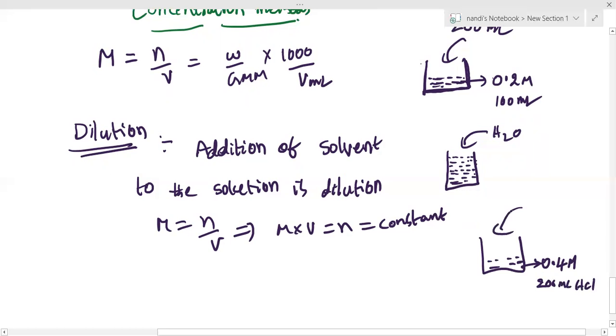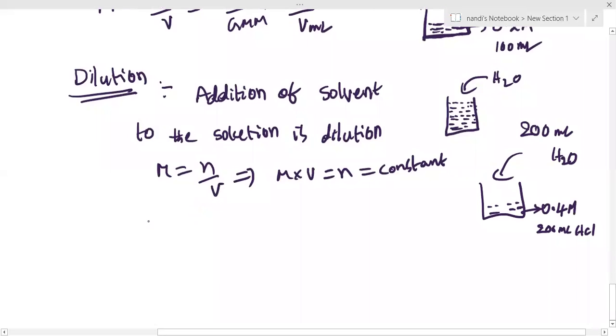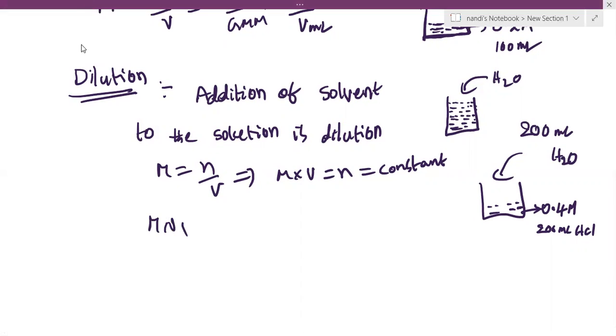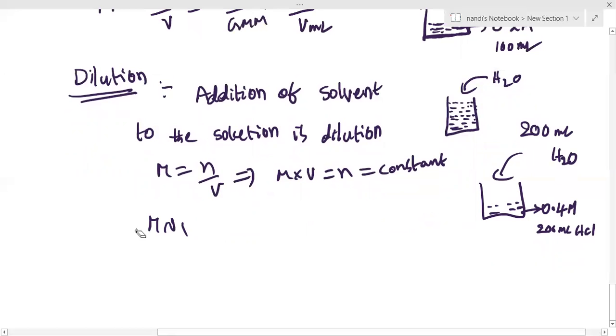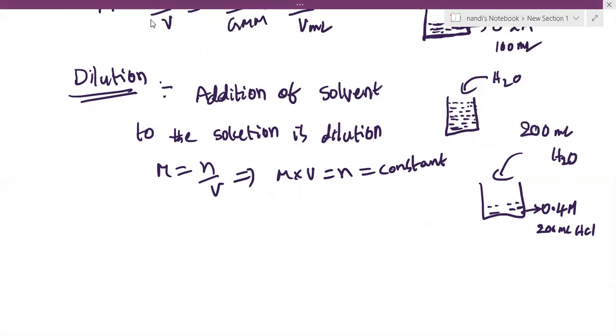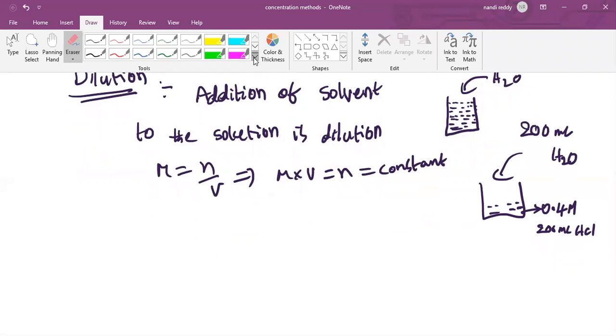Now I added 200 mL of water. Now I need to find the final concentration. So before dilution, I am assuming the concentration is M1 and the volume is V1. So you can write here, which is constant again? n is constant.